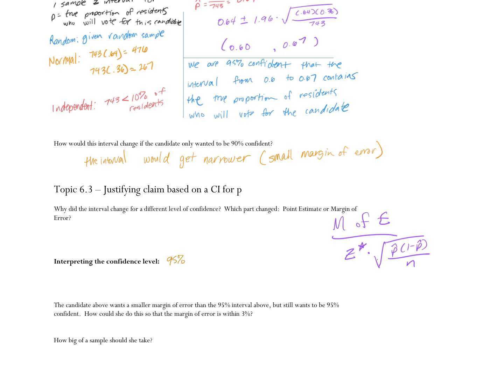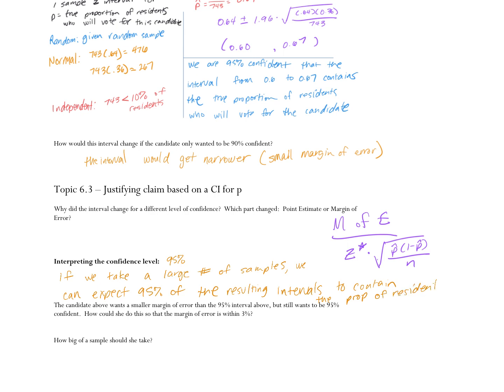To interpret the level of the 95%, I might say something like, if we take a large number of samples, we can expect 95% of the resulting intervals to contain the true proportion of residents who will vote for the candidate.